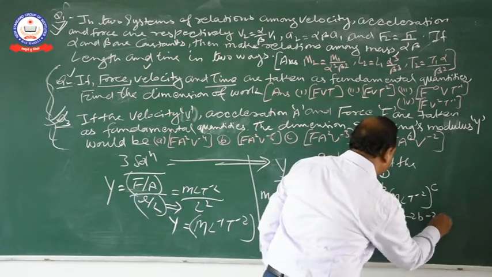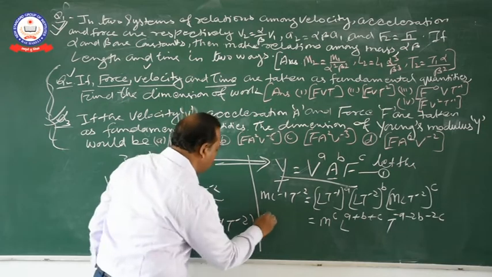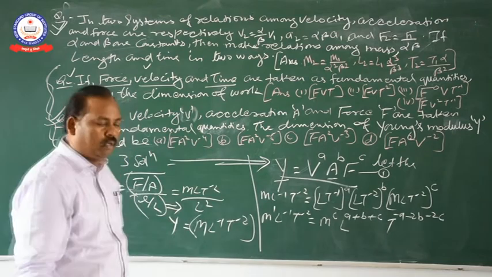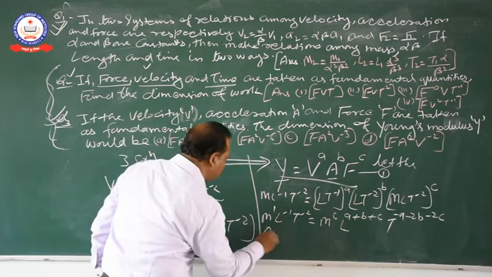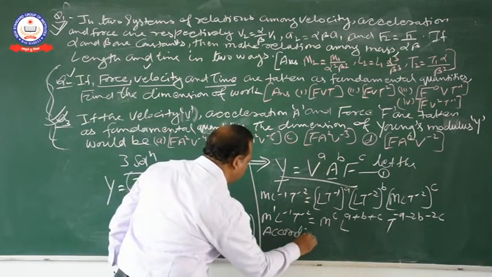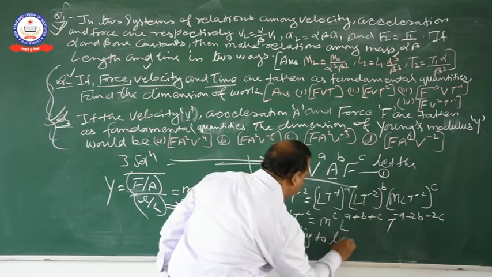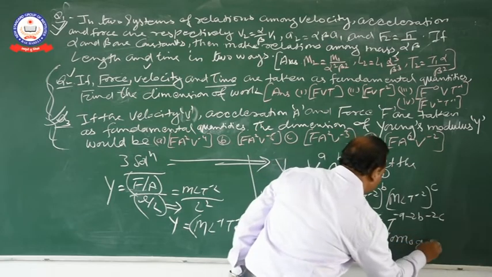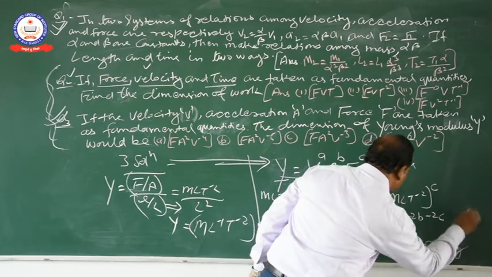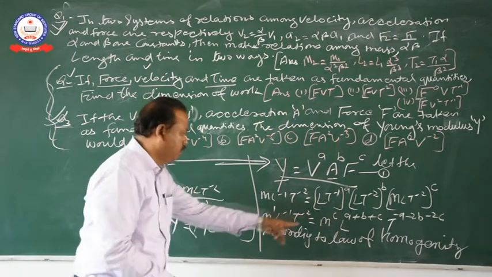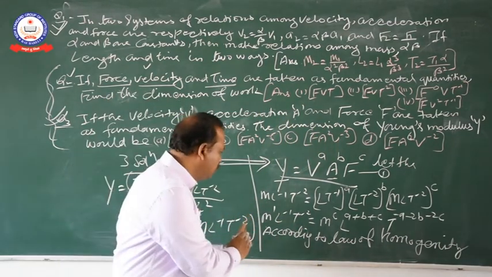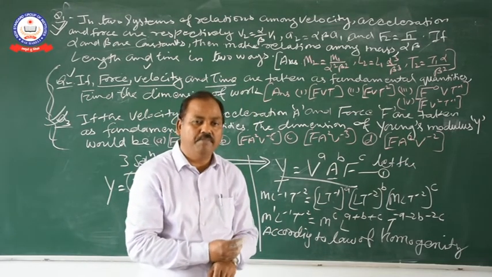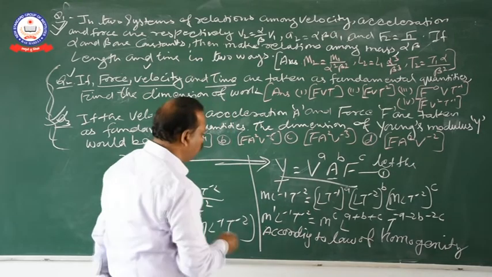and minus 2c. Correct? Here M raised to power 1, L raised to power minus 1, T raised to power minus 2. According to the law of homogeneity, in LHS and RHS, dimensions are the same for the same fundamental quantity.